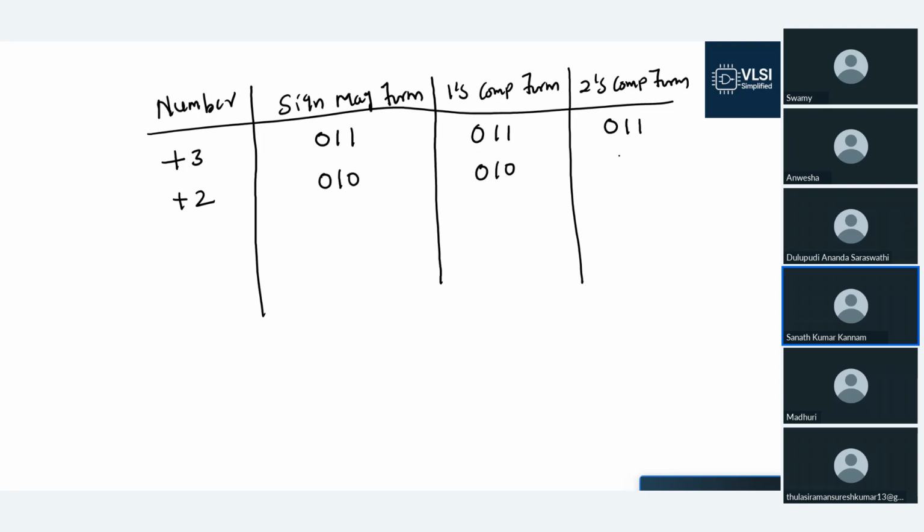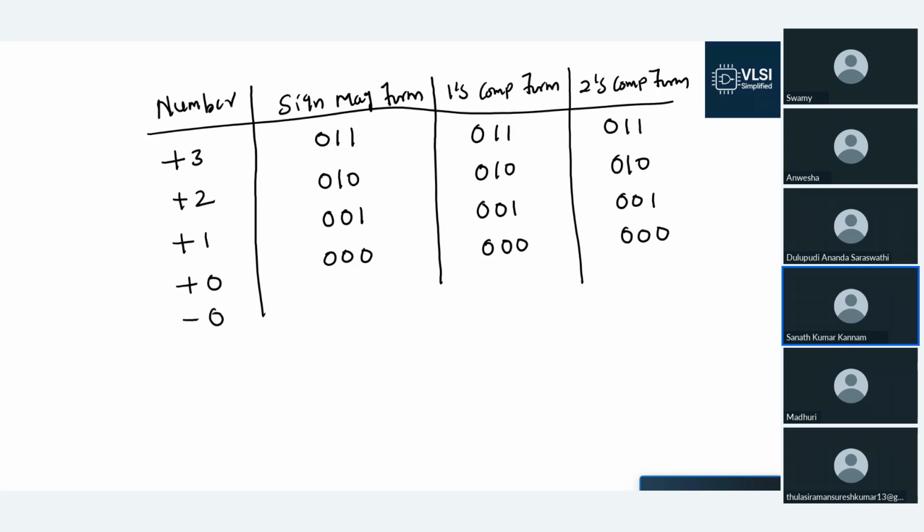For plus 1, it is 0, 0, 1. And let us take plus 0. Plus 0 is represented as 0, 0, 0.